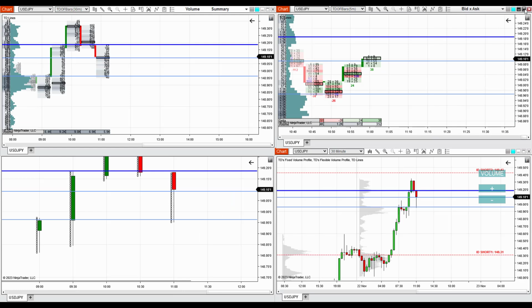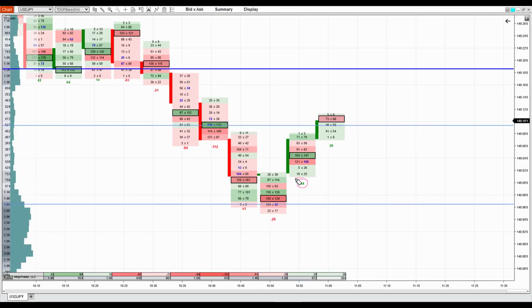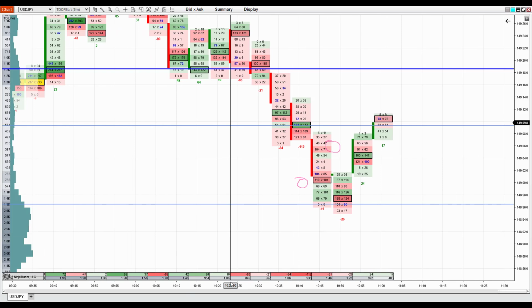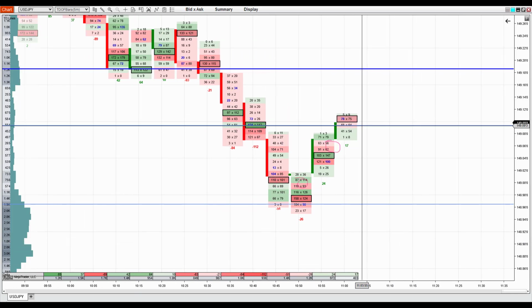All right, let me go back to the 5-minute footprint. Delta is slightly positive, which means buyers are in control. And you know what? I won't be waiting here for this to see how it plays out. You can do that on your own.